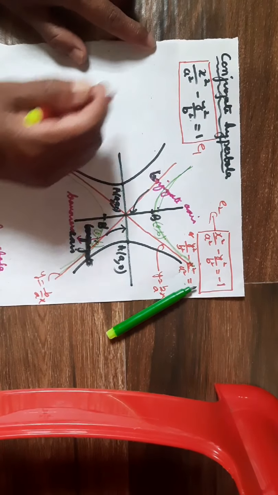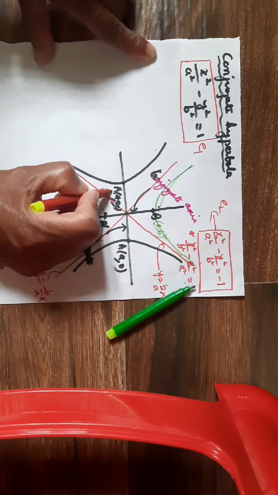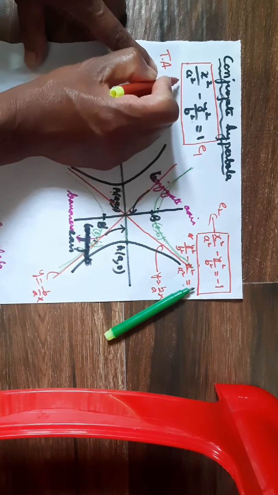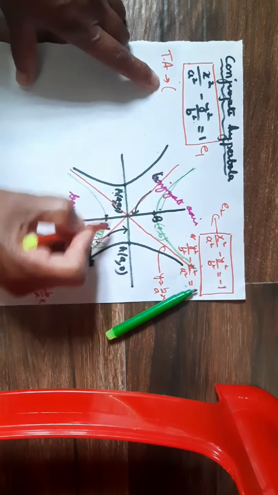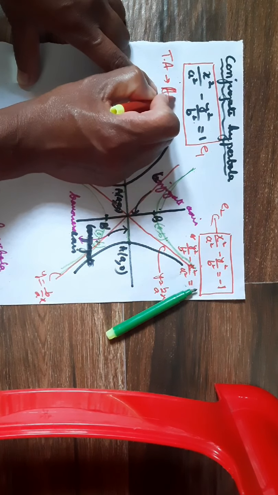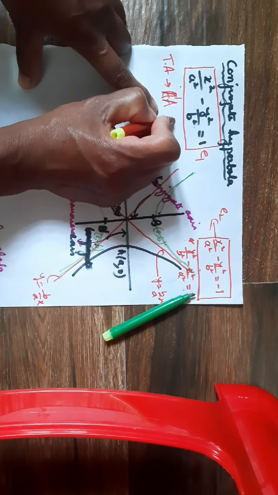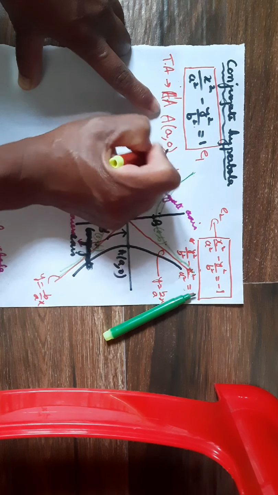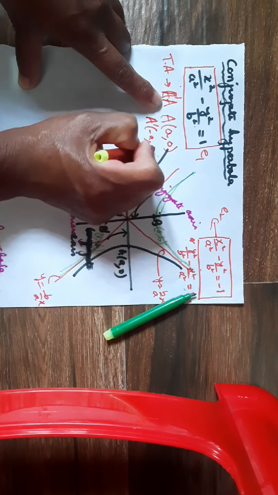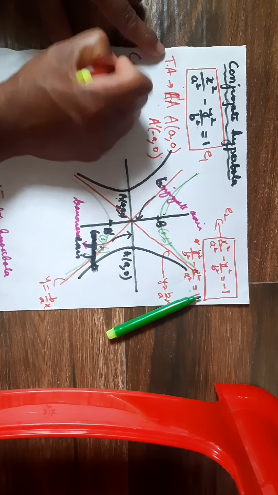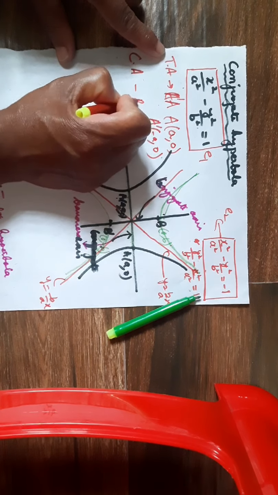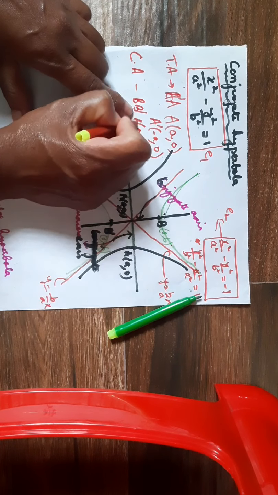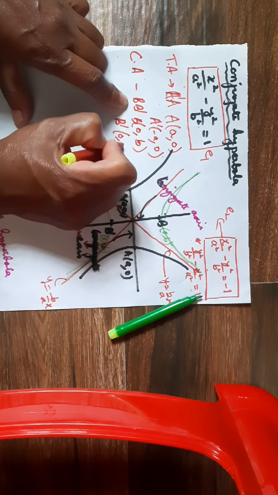So now here we know that the transverse axis, I'll just write TA, of the original hyperbola is this one. It is A prime A, where the coordinate of A is a, 0 and the coordinate of A prime is minus a, 0. And the conjugate axis is this one, B prime B, where the coordinate of B is 0, b and the coordinate of B prime is 0, minus b.